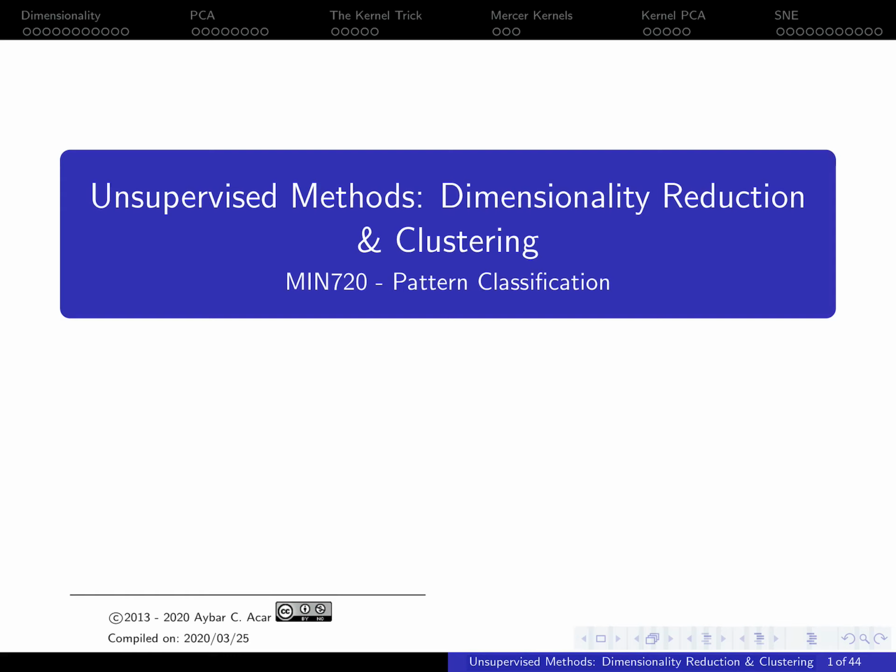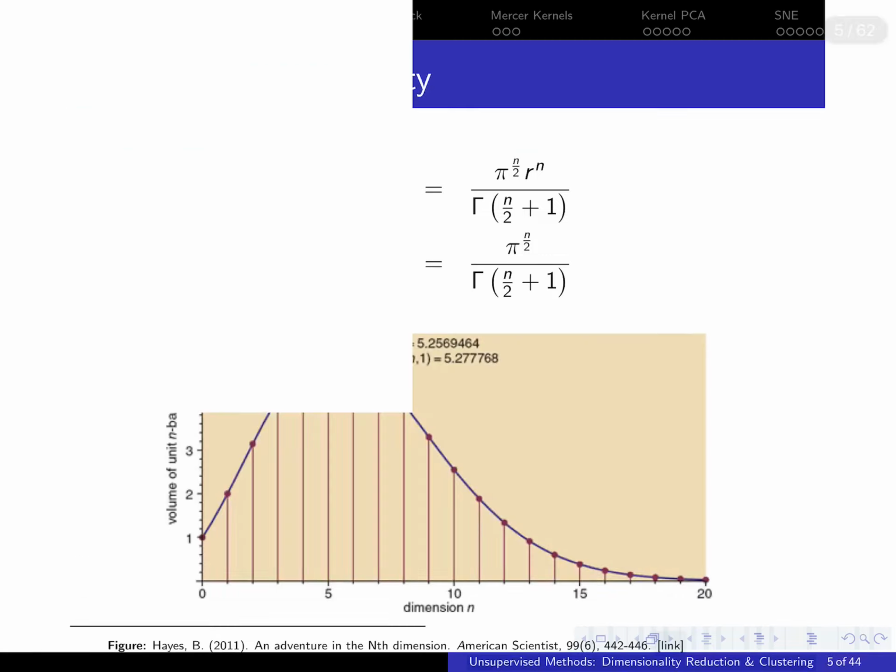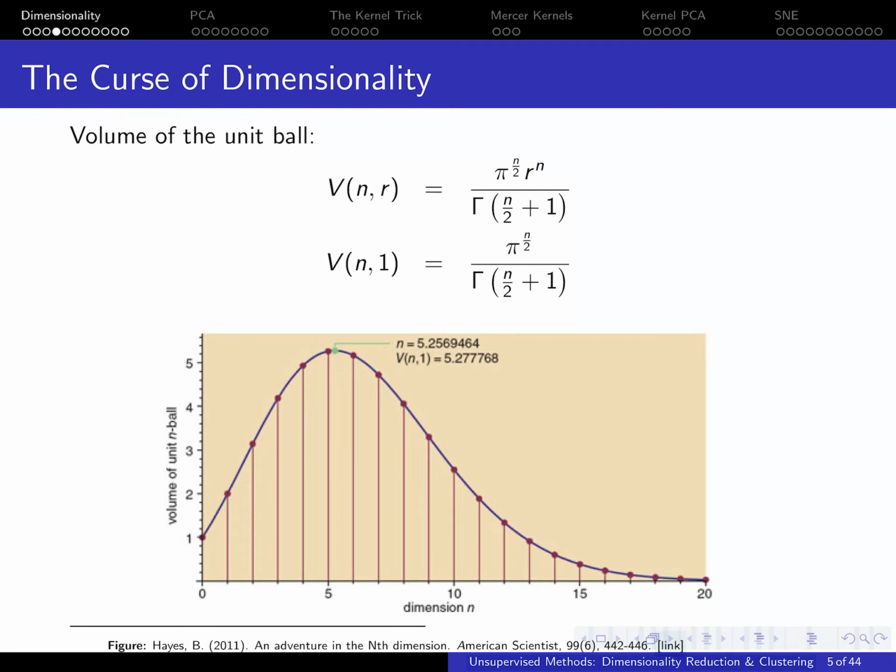Okay, so if you remember, we talked about dimensionality, the curse of dimensionality, how when the number of dimensions gets too high, you suddenly have a space where nothing's close anymore, so nothing's similar.